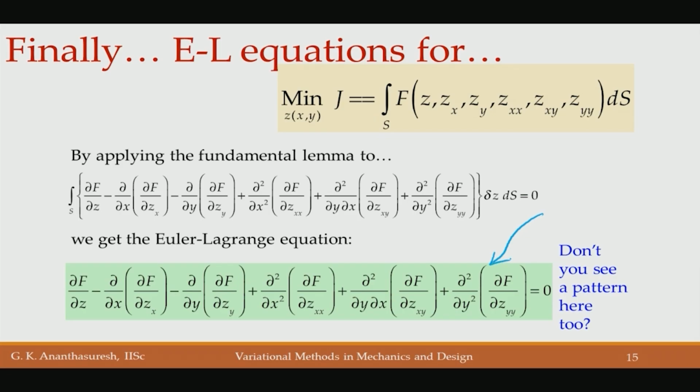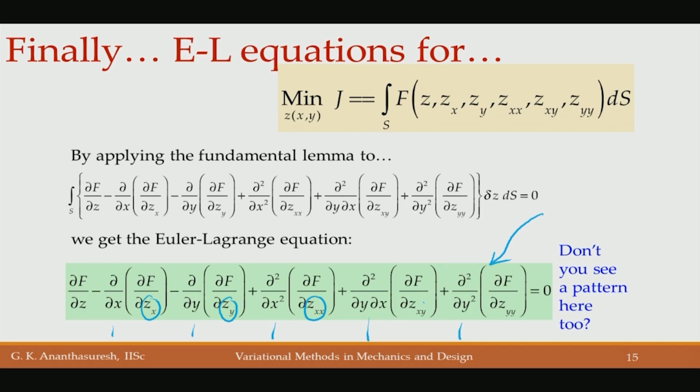Okay. And you can see a pattern here, just like we tried to see a pattern in the one variable case. Here also dou by dou x, dou by dou y, dou square by dou x square, dou square by dou y dou x, dou square by dou y square, and the same thing is done on z. This is dou z by dou x, dou z by dou y, dou square z by dou x square, and so forth.